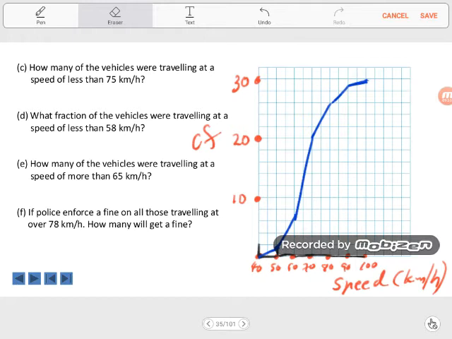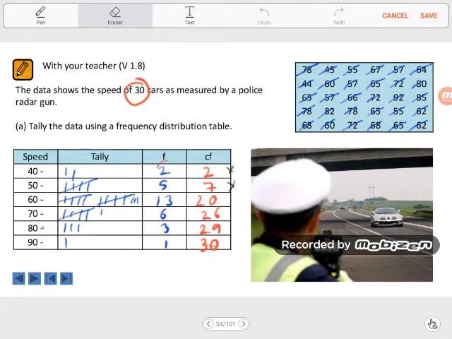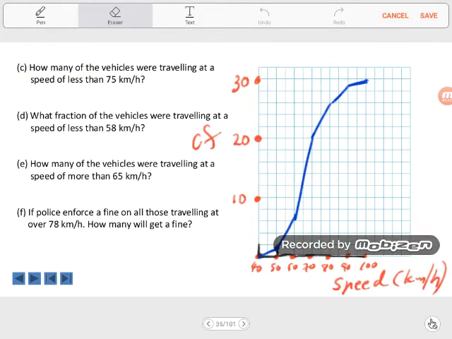Okay, so let's answer these questions now. What did we have on the other side? We've tallied it, and part B must be to make the ogive. Can't see it there, but that's what it must have been. How many vehicles were travelling at a speed of less than 75 kilometres per hour? Okay, so for this one, we're going to go from down here at 75, which is right there in between these two.